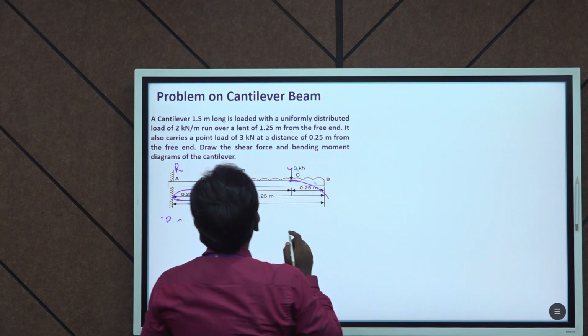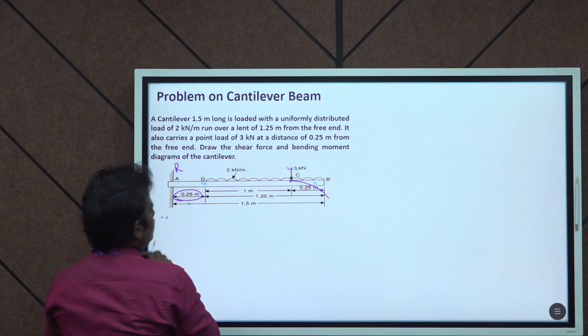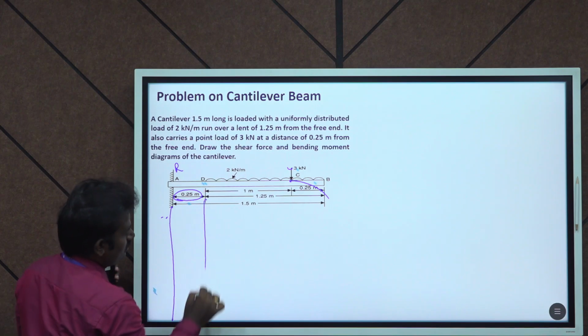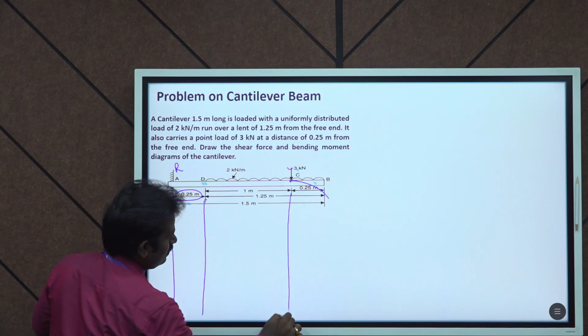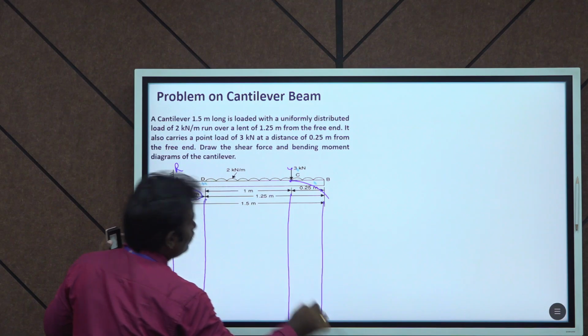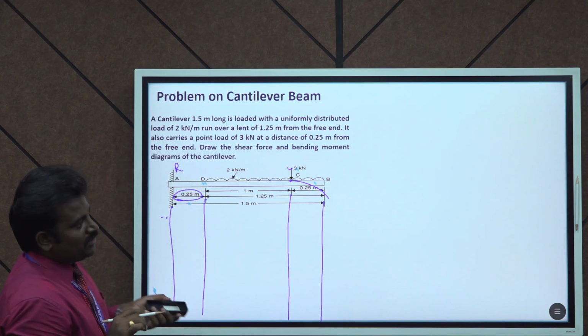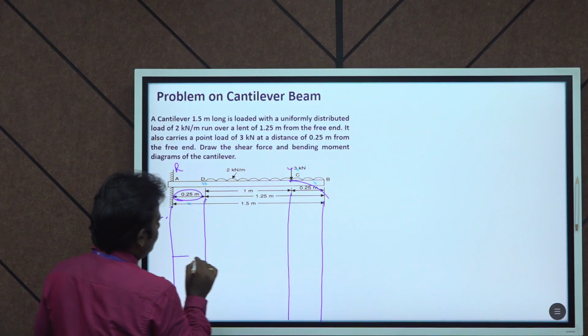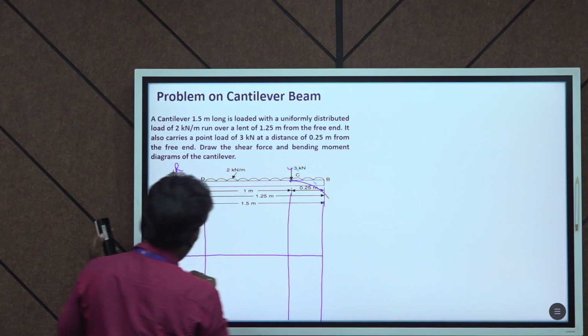For a cantilever beam, shear force is always positive and bending moment is always negative.